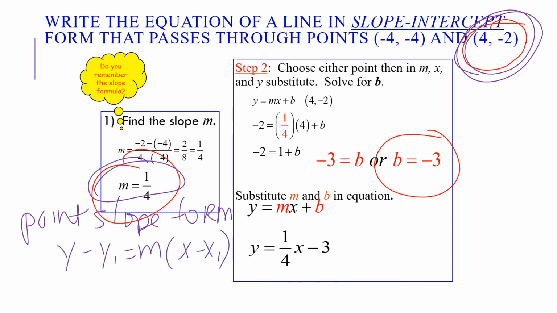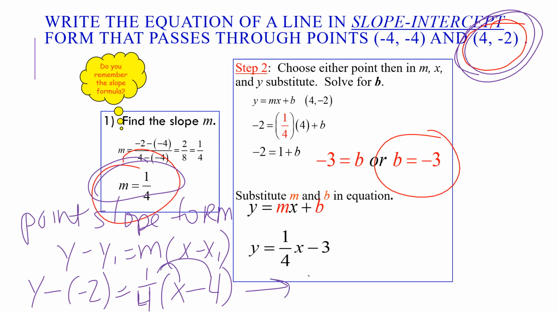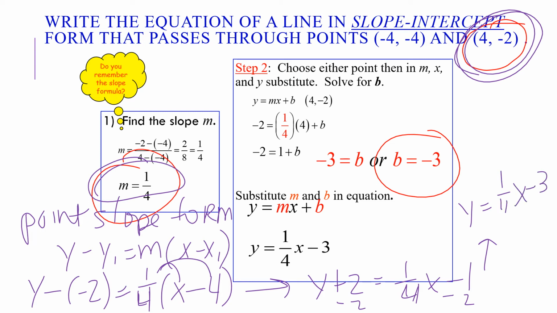So I would have y minus a -2 equals 1/4 times x minus 4. And I would distribute this and then solve for y and get y by itself. So I'd end up having y plus 2 equals 1/4 x minus 1. And then I would subtract 2 from both sides, and I'd get y equals 1/4 x minus 3.